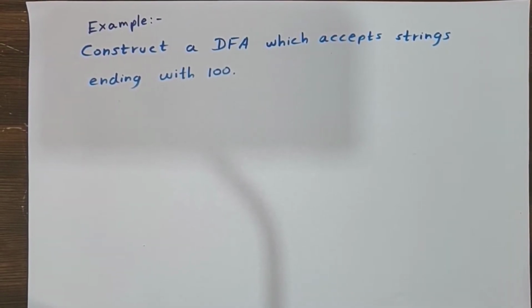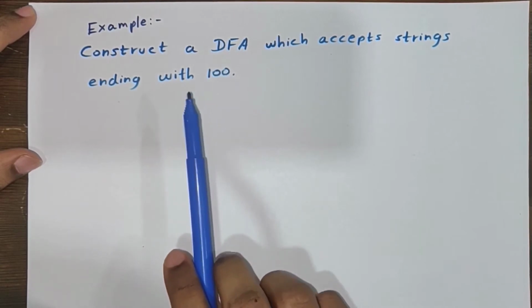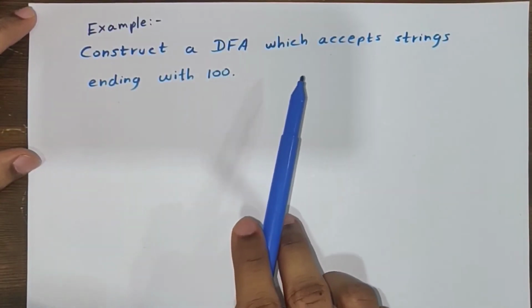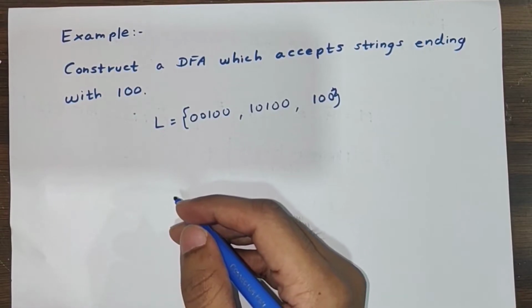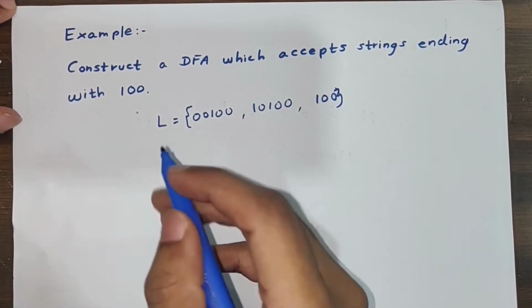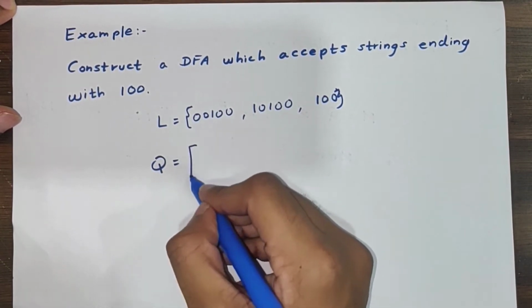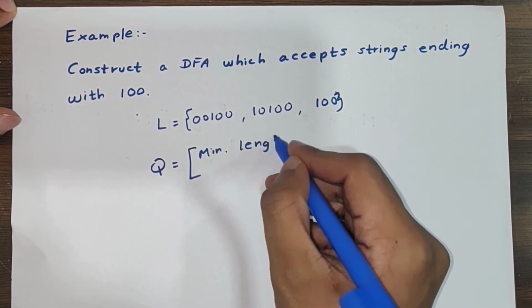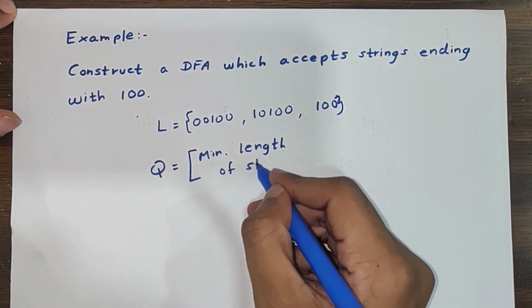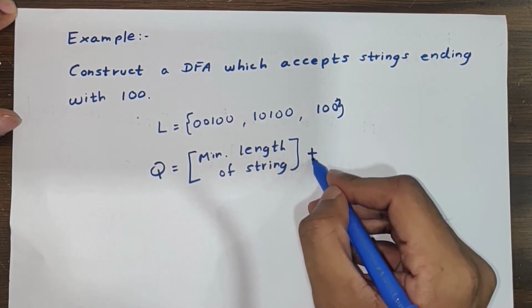So let us see a DFA with an example. Construct a DFA which accepts strings ending with 100. The total number of states for this is Q equal to the minimum length of string plus 1.